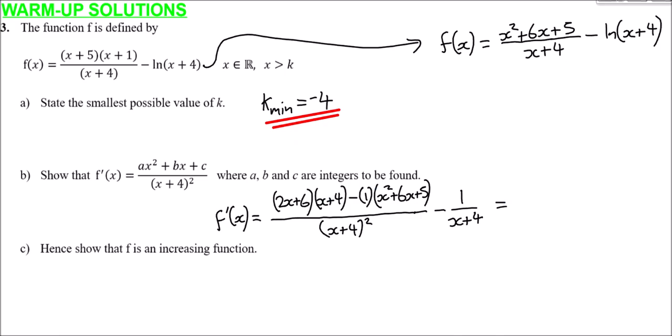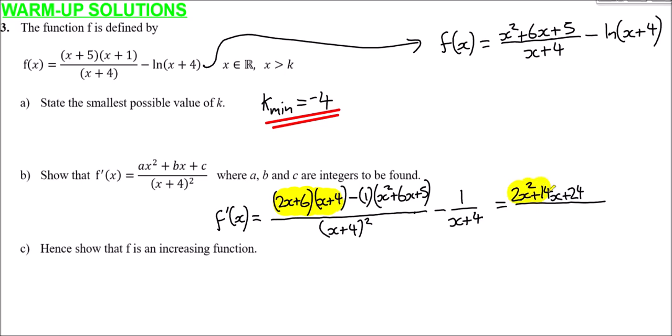So first of all, if I multiply this all out, what I'll get here is 2x squared. 2x times 4, that's going to be 8x plus another 6x, so plus 14x. 6 times 4 is 24.